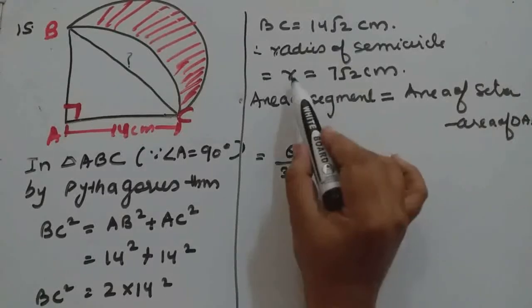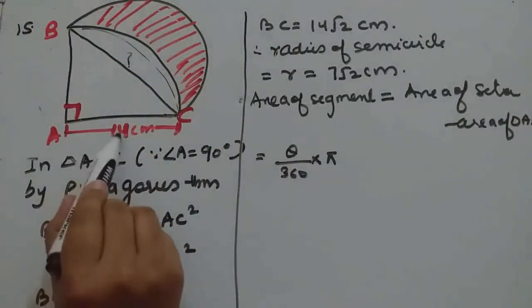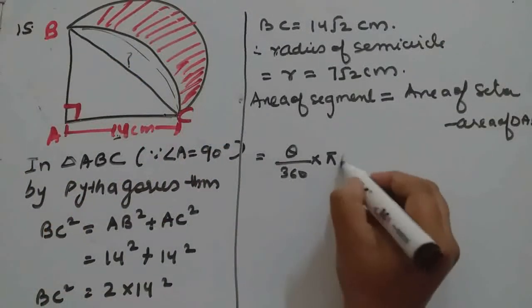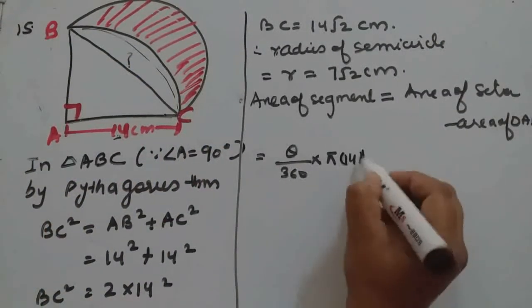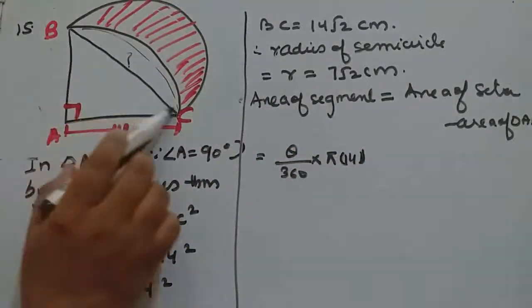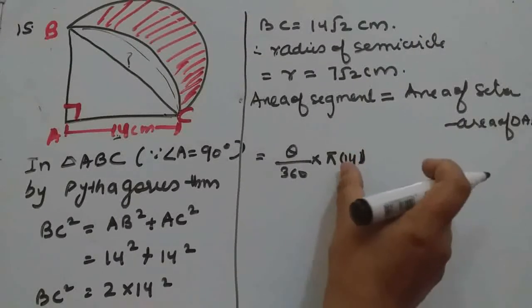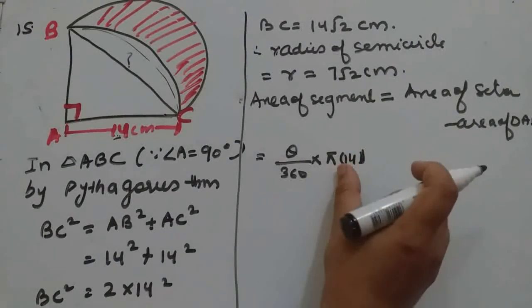Now here this r we should not use, sector is this. So the 14 directly given, so I will write 14. Otherwise if you use r we have supposed for the semicircle, that is BC, half of BC is r. Or if you want to avoid confusion you can take this as capital R also.